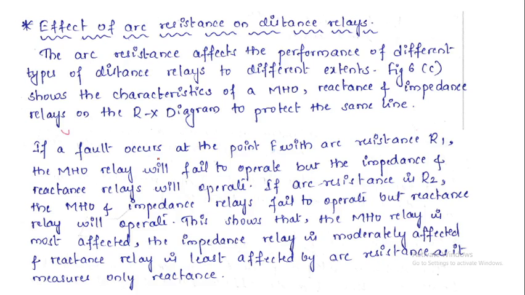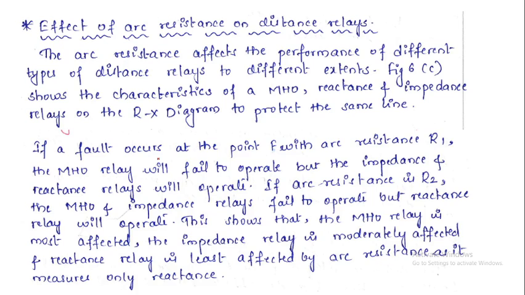The impedance relay is moderately affected: for some values it may be affected and for some it is not, whereas the Mho relay is mostly affected by this arc resistance. In short, the effect of this arc resistance is to make the relay operation an underreach.